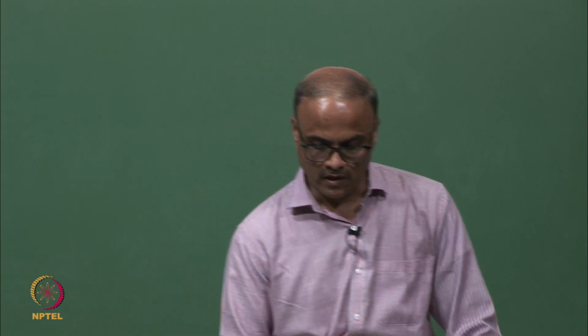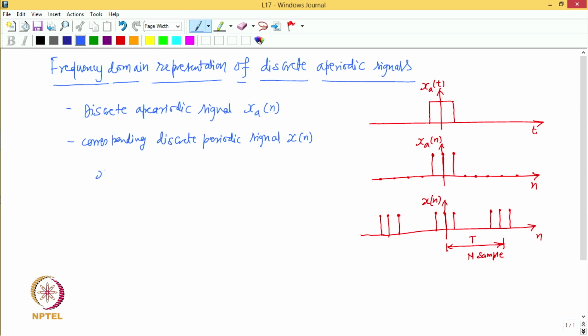And therefore we can say that x a n is nothing but the limit of x n when N tends to infinity. So this is how we can define the aperiodic signal as the limit of the discrete periodic signal when the time period of the signal tends to infinity.